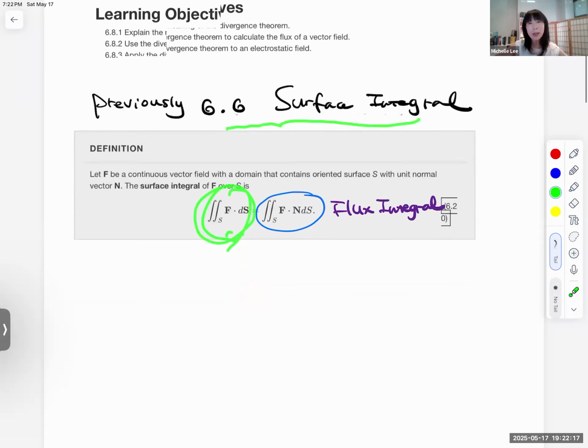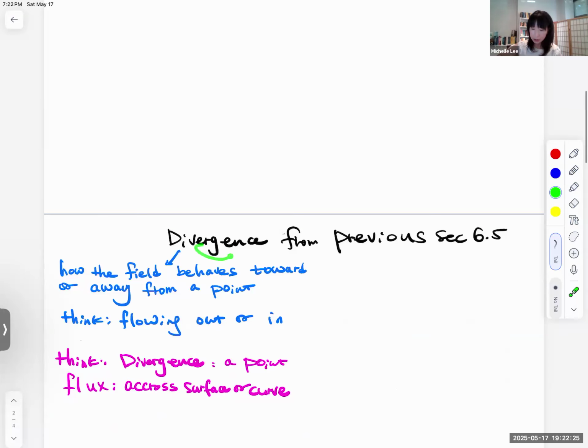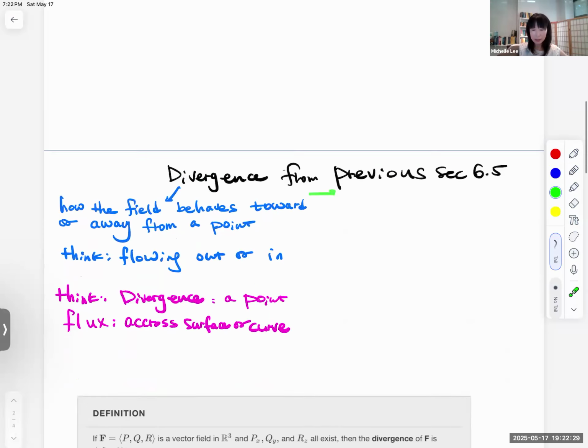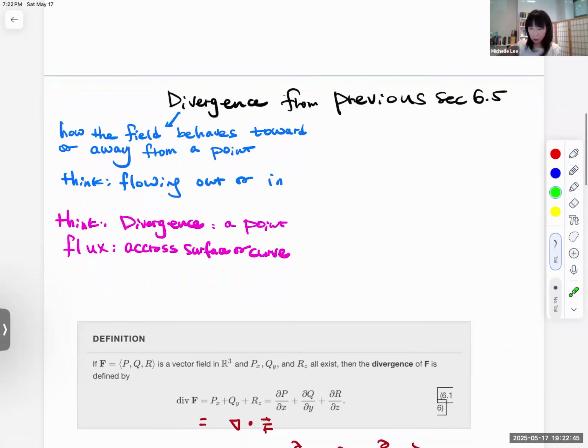Now, we had an earlier section on divergence and curl, right? From 6.5 we had how the field behaves toward or away from a point. With divergence, we talk about just a point, versus flux across a surface or curve.